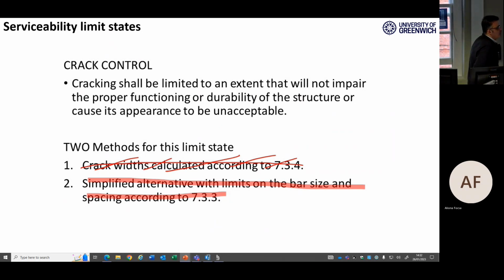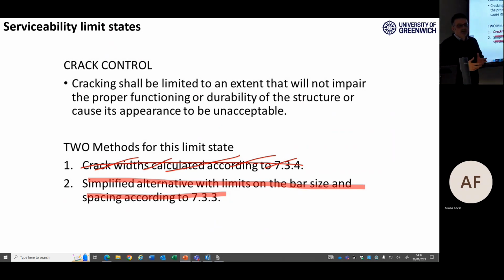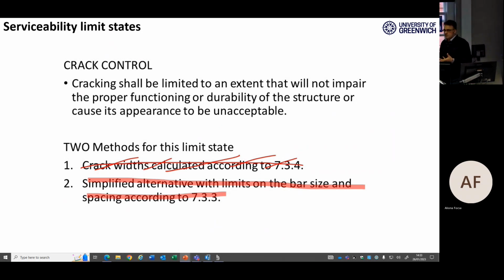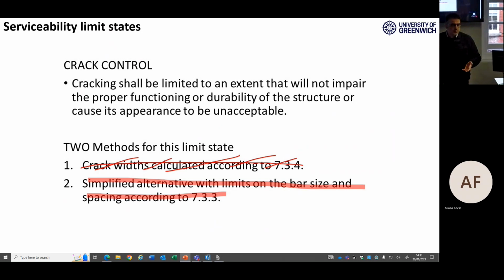But for the crack control, crack is really a very complex phenomenon. Especially you see a crack in concrete buildings, usually in columns, structural walls, or beams.